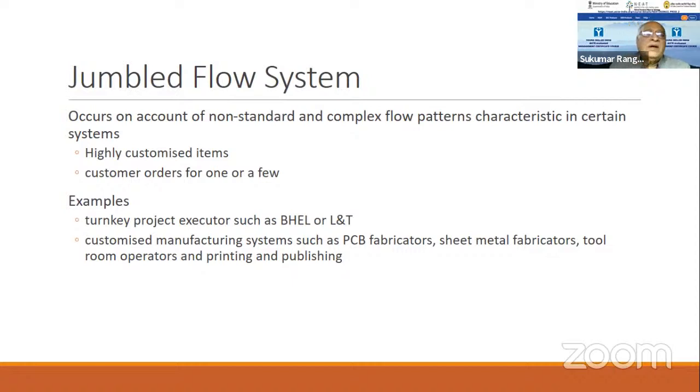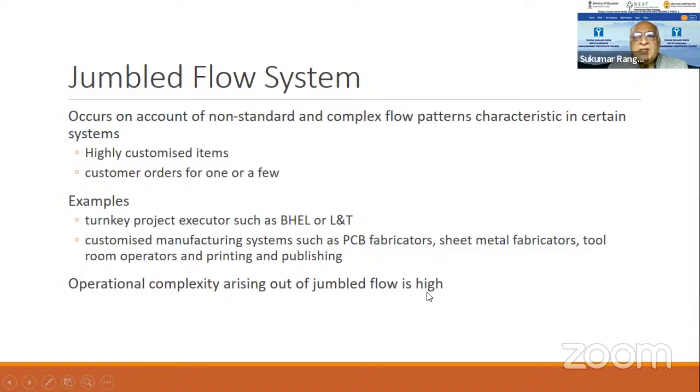They may give one or two or maybe 10 at the most. And highly customized items, because it may need special treatments of materials, special machining, special testing, etc. Examples are turnkey projects, customized manufacturing as in PCBs, sheet metal fabricators, and printing and publishing at the other end, which we saw.